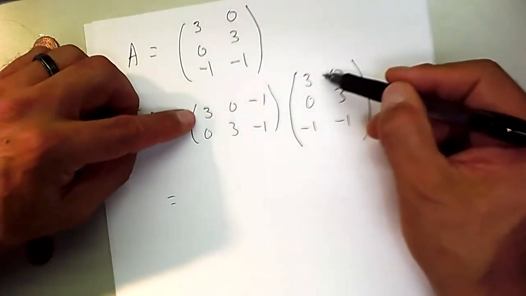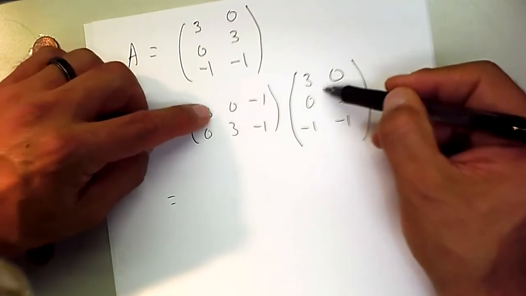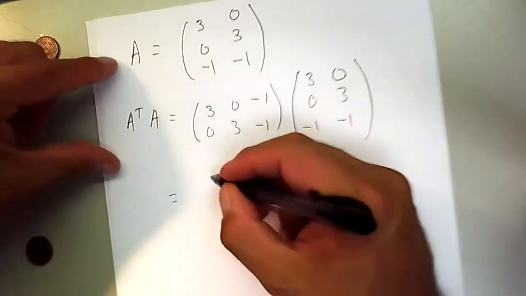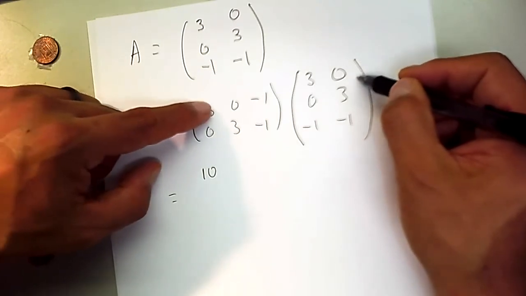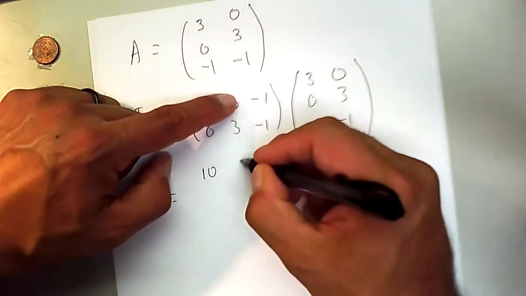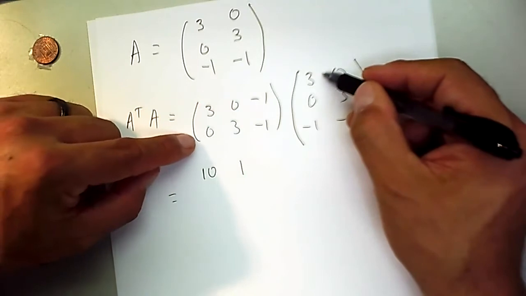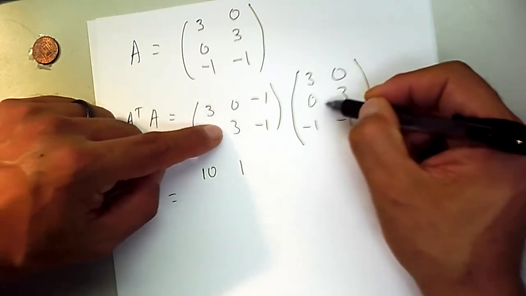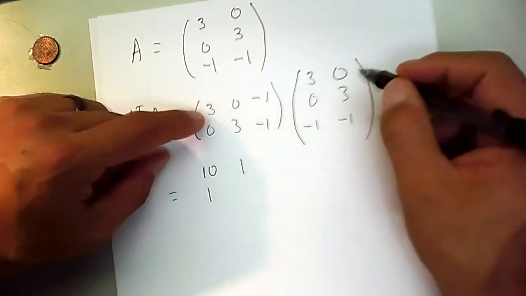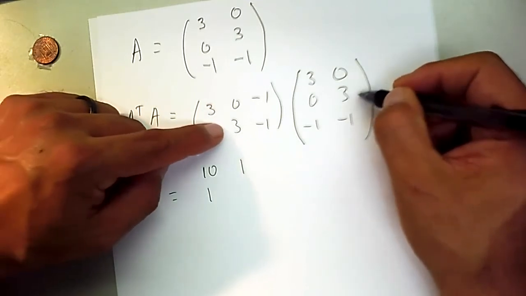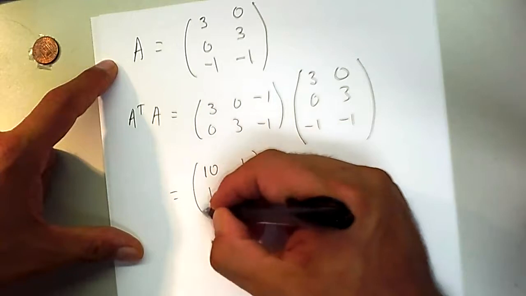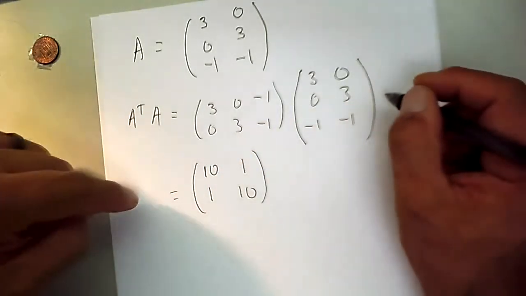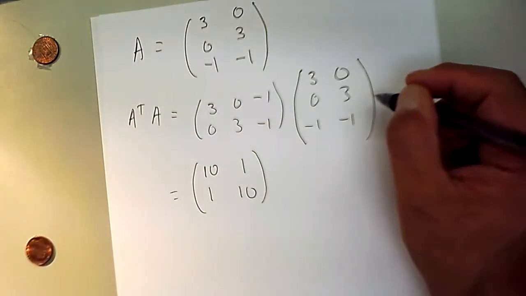We get 9, 10, 0, 0, 1, 0, 0, 1, 0, 9, 10. Nice, we get a nice square matrix, of which we're going to find the inverse.